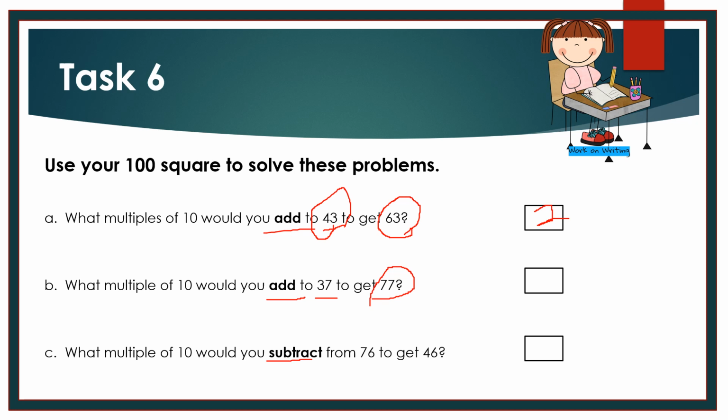Now in this question, it is saying subtract. Whenever it is subtract, I will go back. That is counting back. Okay, so go to 76 and count back. Count back till you get to the number 46. Okay kids, try to do it. I know you can solve all these problems. These are very simple and easy ones.